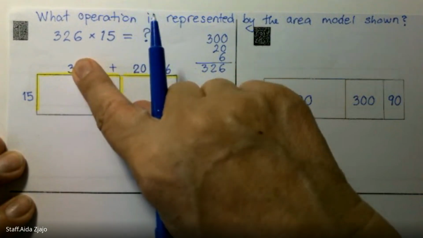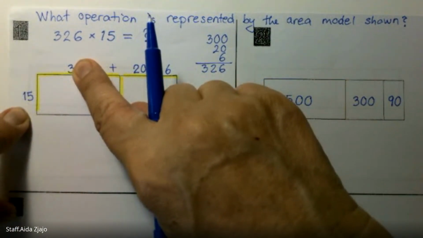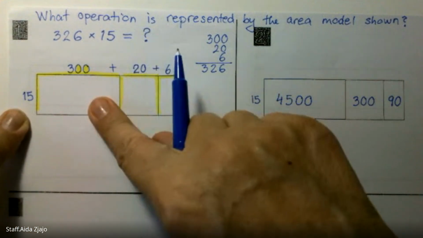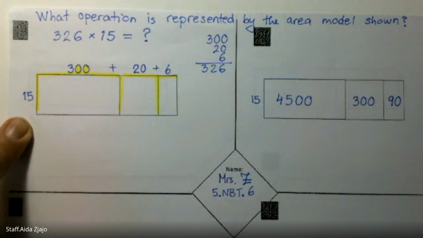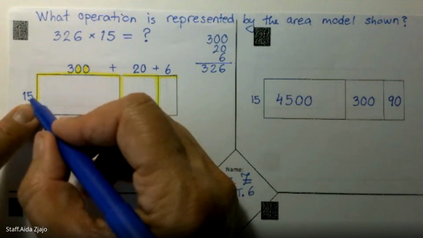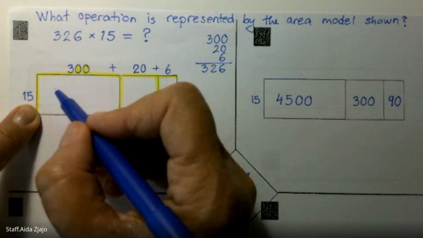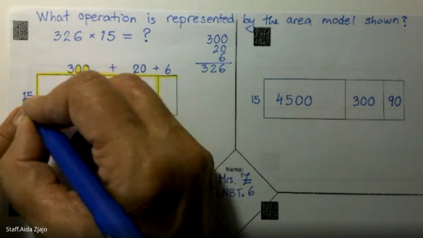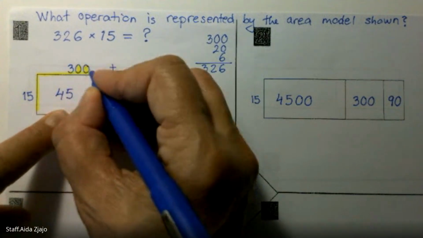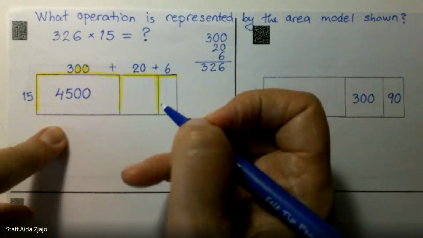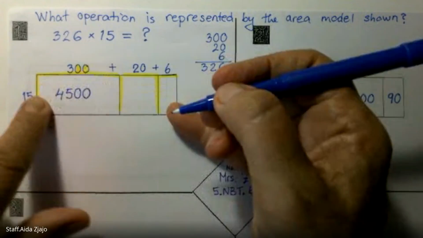So I can easily multiply 15 times 3 and times 100 will give me the number in the middle, the product. So 3 15s, if you think 15 plus 15 is 30, plus 15 is 45. So 3 times 15 is 45, and times 100 is 4,500. And we are done with this area.